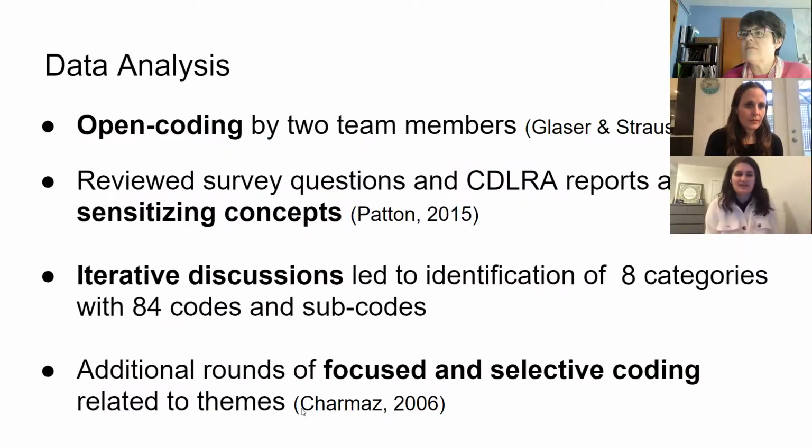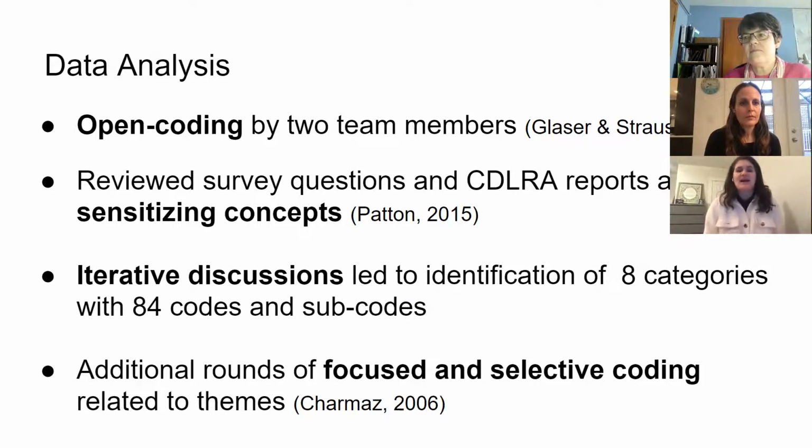If you'll just skip to the next slide, Charlene, this is how we approached analyzing the open-ended questions. We took all of the answers to open-ended questions that we received and did a very broad open coding. For those who have done qualitative research, this is the first step of mass open coding by 2 of the team members. Then we reviewed the survey questions and CDLRA reports for sensitizing concepts. This sensitizes us to potential lines of inquiry, understanding the way the questions impacted themes.